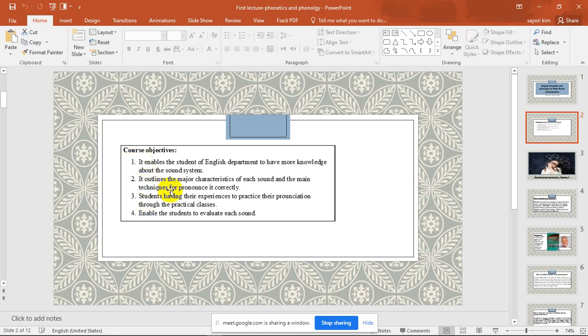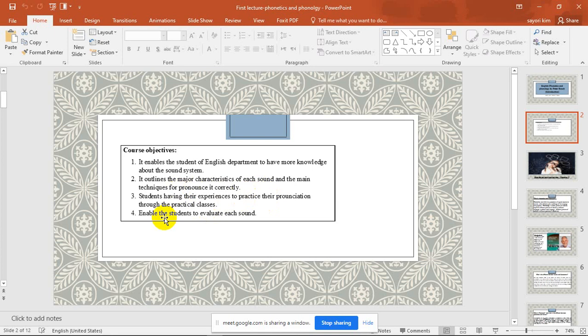It also outlines the major characteristics of each sound and the main techniques for pronouncing it correctly. So here we have two points: the major characteristics of each sound, and this is phonetics, and the main techniques for pronouncing it correctly, and this is phonology.